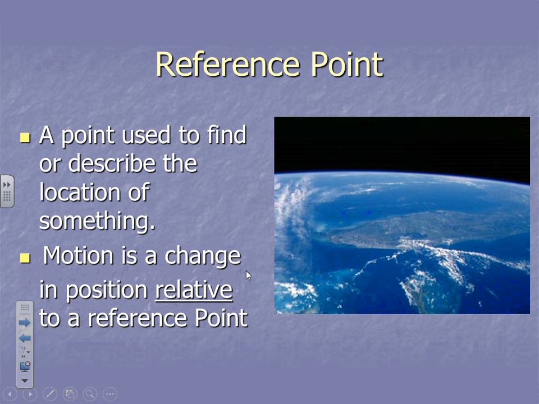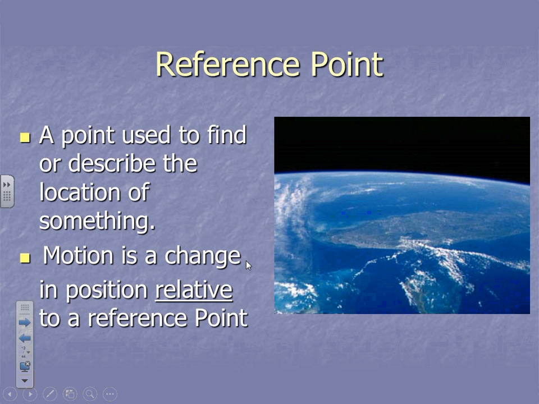So motion is a change in position relative to that reference point. So if we go back and think about you guys walking out in the hallway at the same speed and direction, if my reference point is my friend next to me, I'm not changing my position based on her. We're moving at the same speed in the same direction. Now, if the reference point is the Earth below me and I move, well then yes, I have changed my position relative to that point.